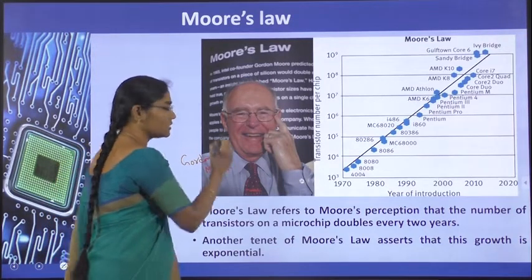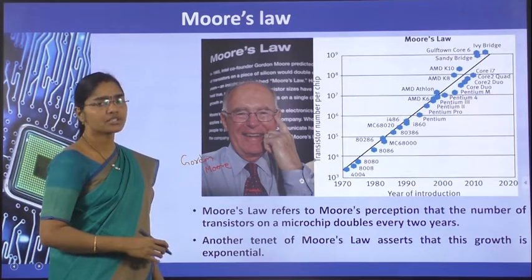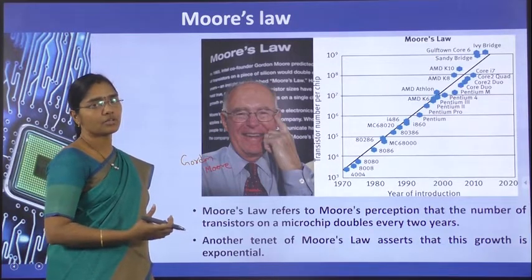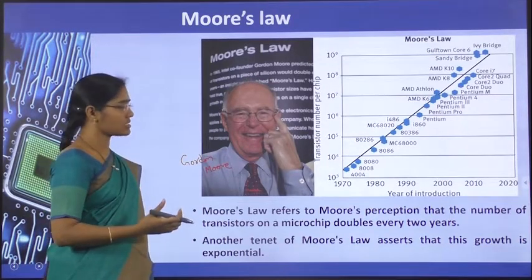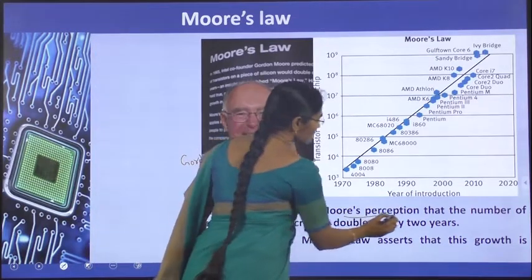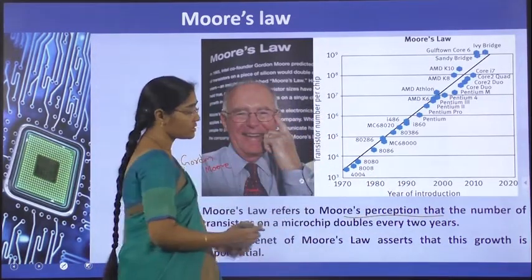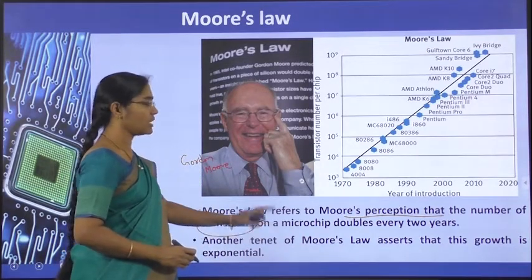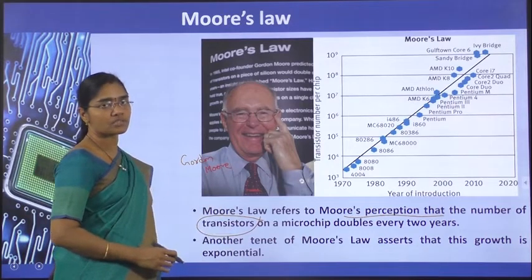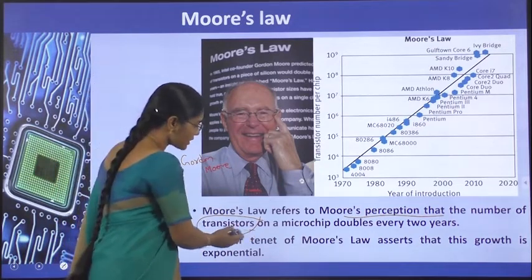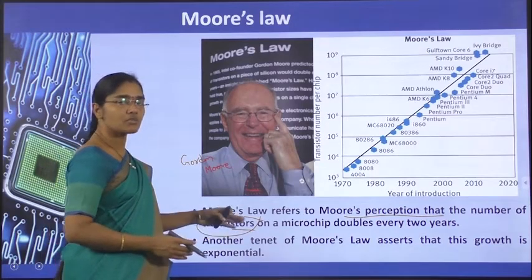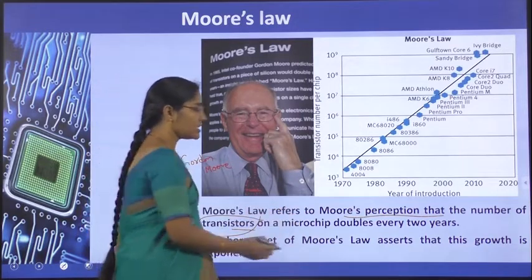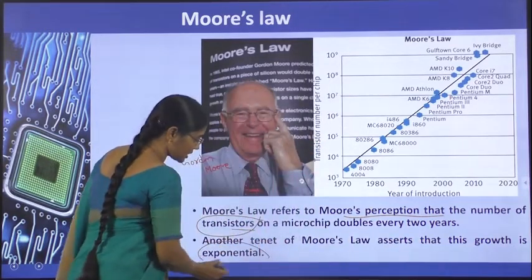He predicted a rule for the number of transistor components increasing on a semiconductor chip. Moore's law is Moore's perception that the number of transistors on a microchip doubles every 2 years. Because of the advancement of VLSI, this rule, this prediction, was actually crossed, and it reached a level of exponential growth.